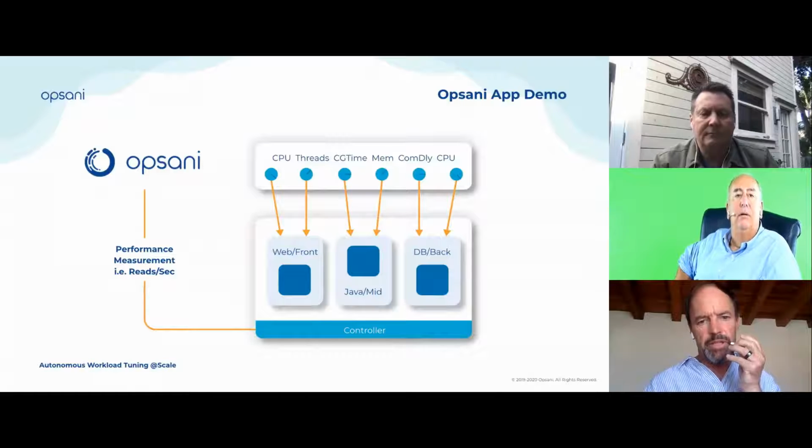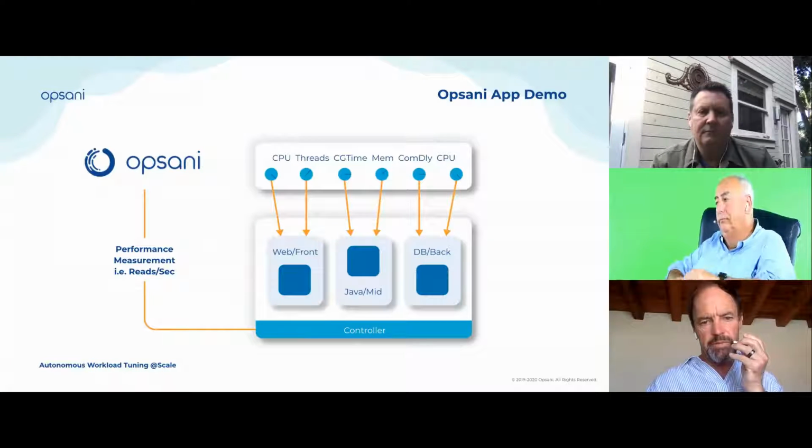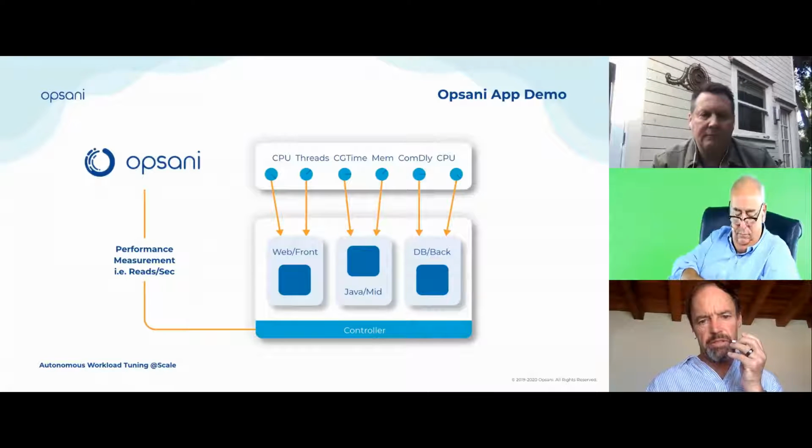So let's imagine that we talked about hundreds of microservices, but for the sake of the demo, let's talk about a situation where you've got 3 microservices, and we've got a web front end. Let's say it's running Apache, a mid-tier running Java, and a database on the back end. These services are tightly coupled, and we can adjust the configuration.